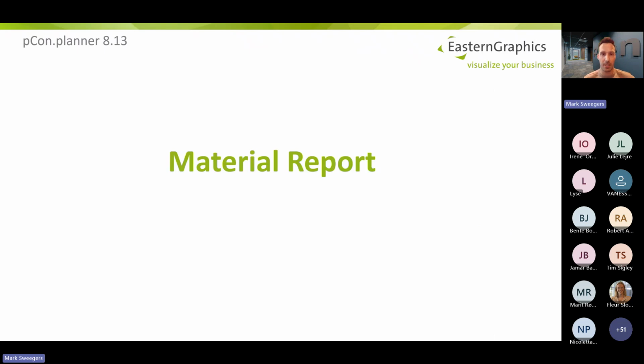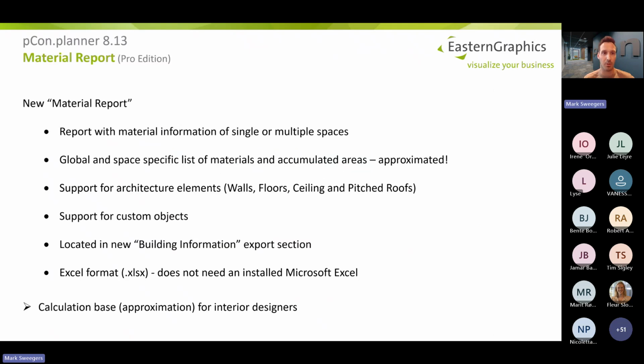So the second big topic is the material report. And what is meant with material report? Within the application menu in the export section, you will find a new category, Building Information. It's basically a report with material information of single or multiple spaces that you can select yourself.